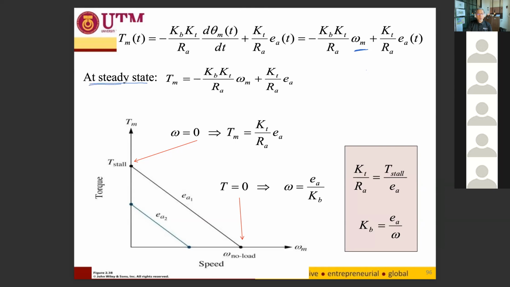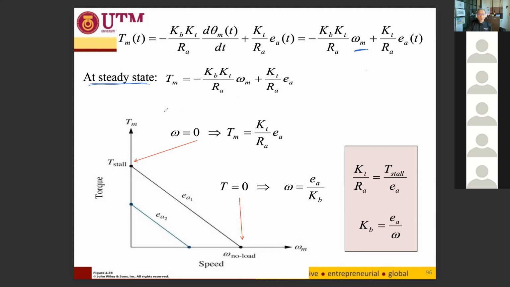Steady state, in Malay, we call it keadaan mantap. So in steady state, Tm is equal to minus Kb Kt over Ra omega m plus Kt over Ra multiplied by Ea.